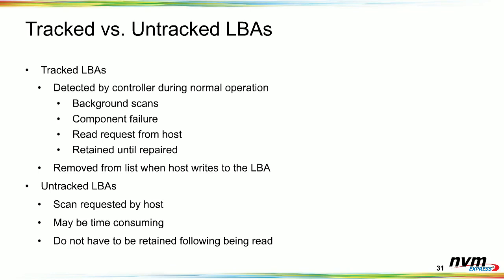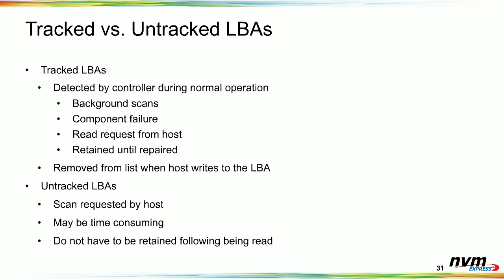So, tracked versus untracked. Tracked LBAs are detected by the controller during normal operation. How does it do it? Well, it can do it through background scans that it chooses to do that are not commanded, but just part of its normal operation. It can detect a component failure. When a die on your SSD fails, it can detect that that die failed and say that any LBA stored on that die is going to be bad.